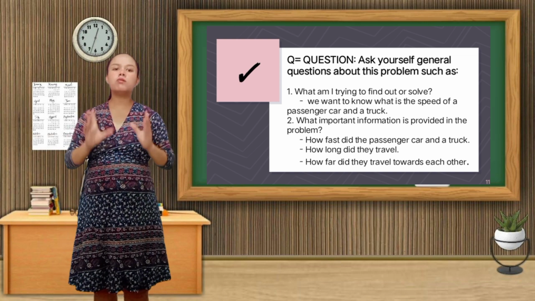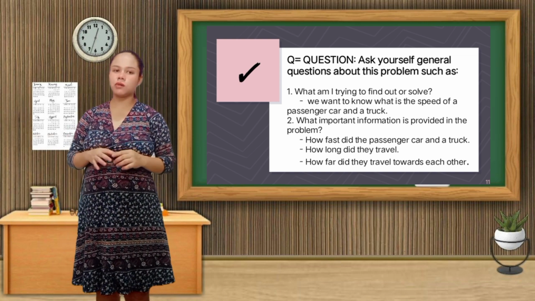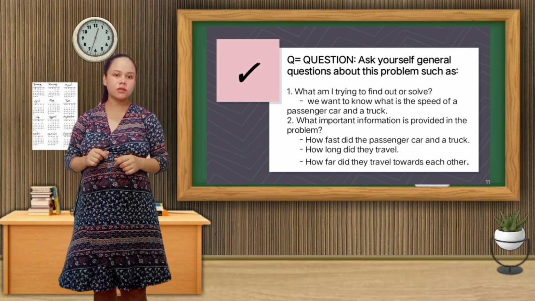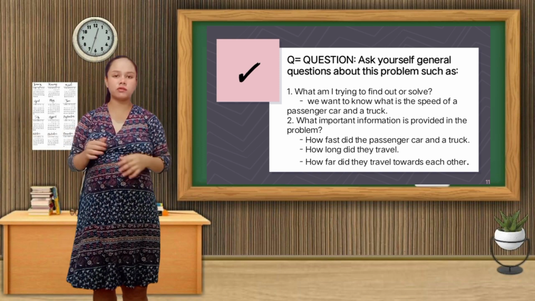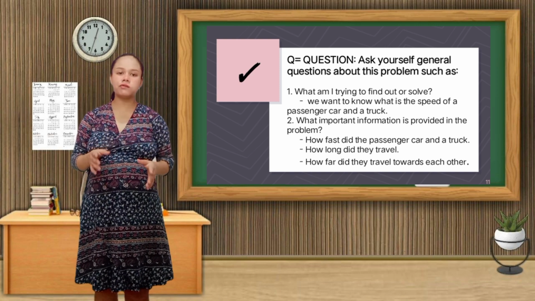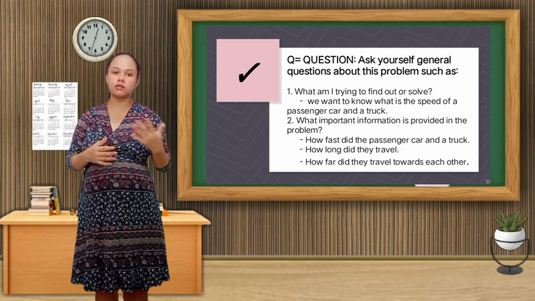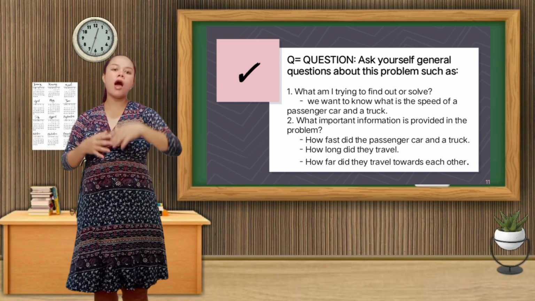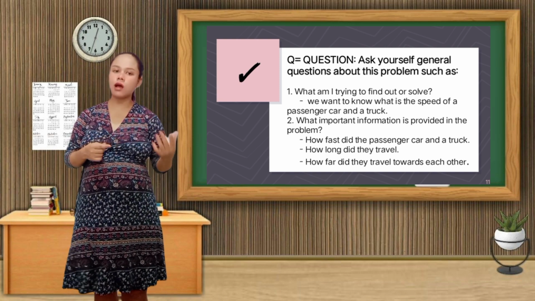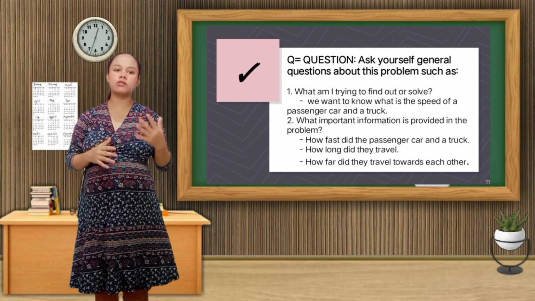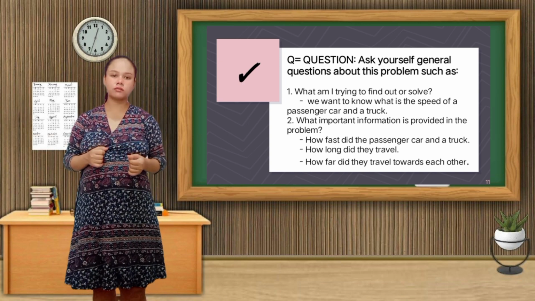Second question, what important information is provided in the problem? So the important information that is provided in the problem, first is how fast did the passenger car and a truck travel? Second is how long did they travel? And third is how far did they travel towards each other?